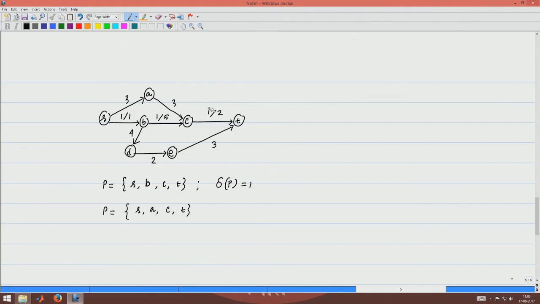You have already sent 1 unit of flow, so maximum we can send another unit of flow along this edge.